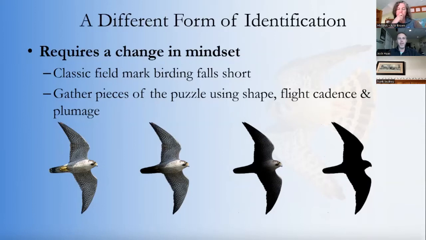And again, in spring, this is likely what you're going to see at a distance as you're facing south into the sun. So we have to get rid of that classic field mark identification technique and really employ a new set of tools by way of using shape, flight cadence, and plumage where we can, to put those pieces of the puzzle together and get a definitive ID.